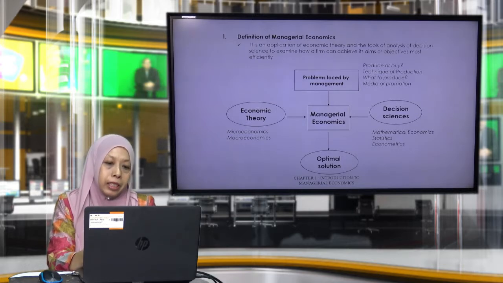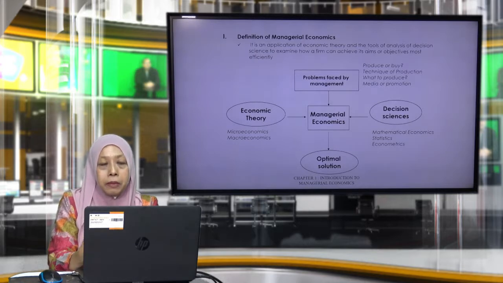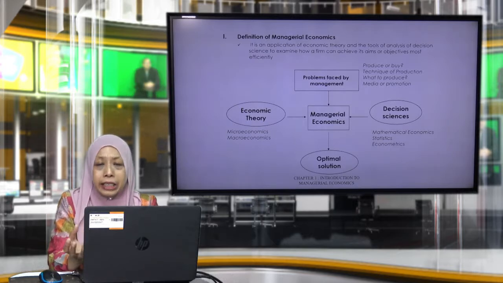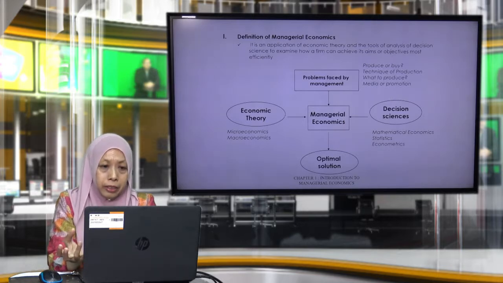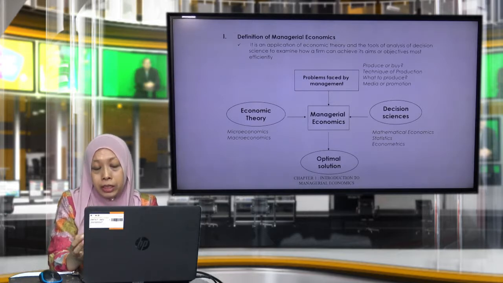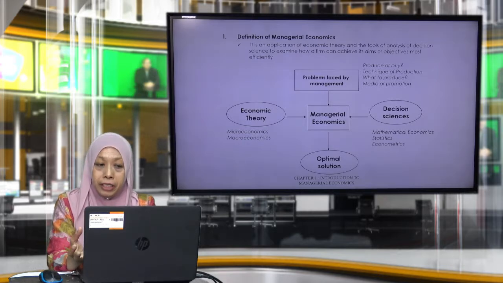This problem can be in the form of whether to produce or simply to buy a particular component of your company, or you want to determine the technique of production, or the type of product that you want, or even the best mode of promoting your product. These are examples of problems that firms may face.